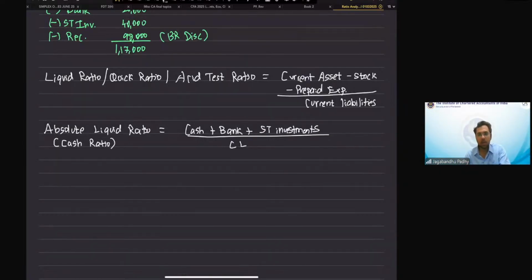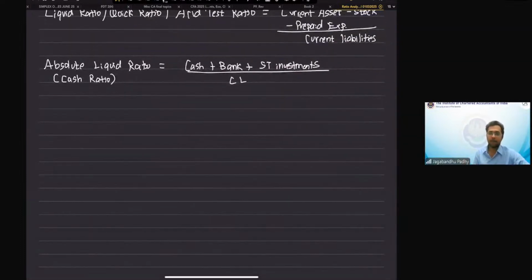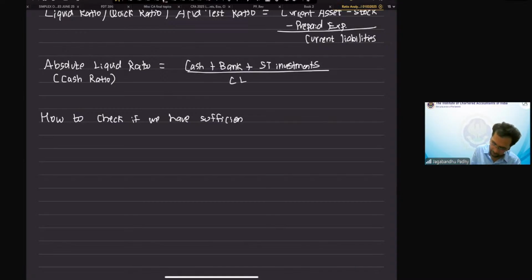Now, apart from this, with regards to the liquidity part also, we would like to check whether we have sufficient quick assets to meet the day-to-day expenses.